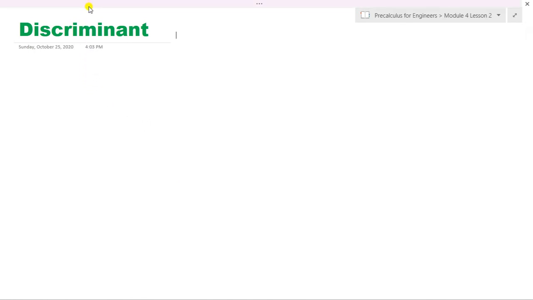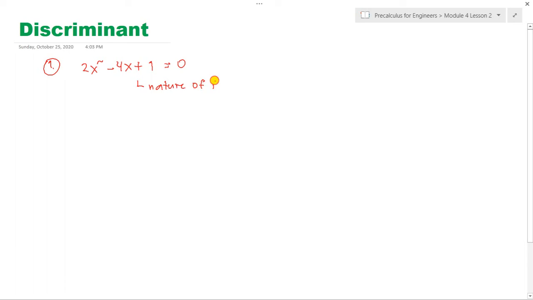Let's say you are given 2x squared minus 4x plus 1 is equal to 0. Let's tell what is the nature of its roots, or its solution.